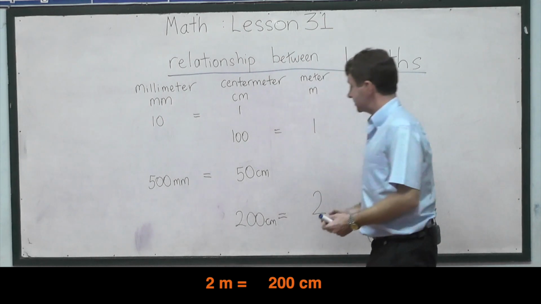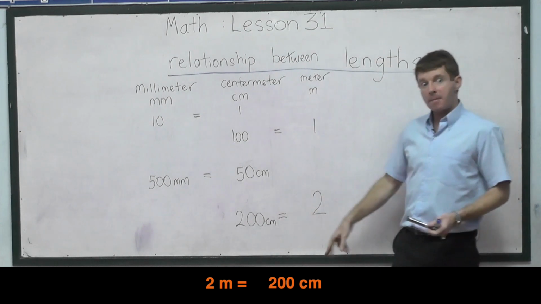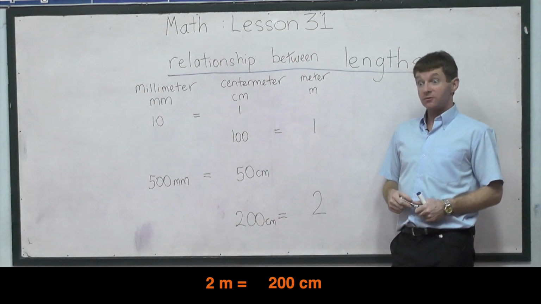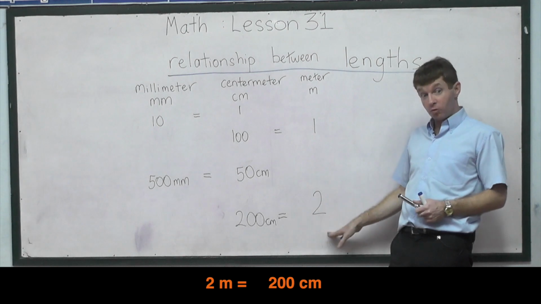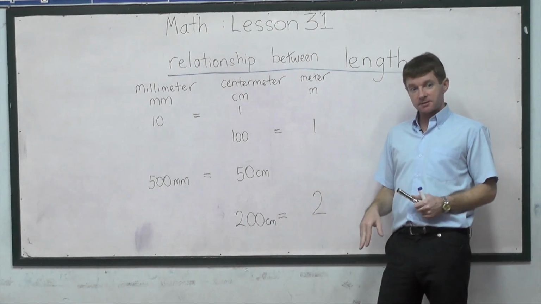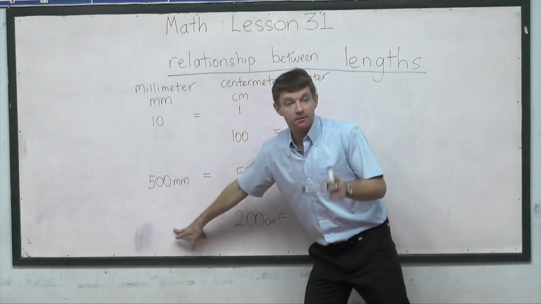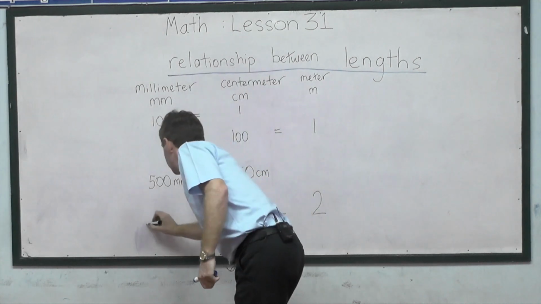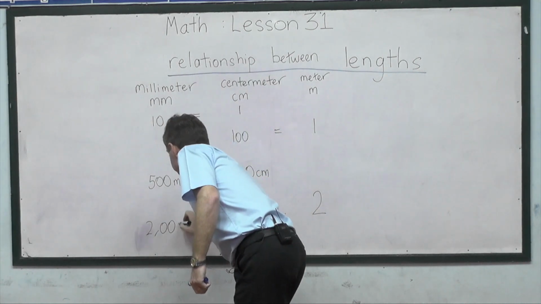We'll go down a scale this time. And how many millimeters? 2,000. We go from 2 meters, 200 centimeters, and 2,000 millimeters.